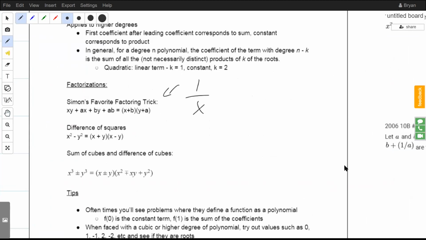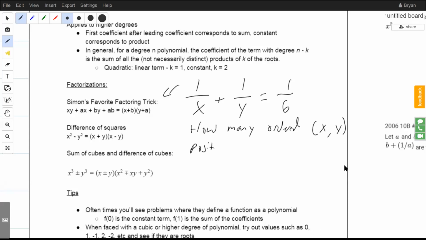So we have the problem: x and y are positive integers, and we know that 1 over x plus 1 over y equals 1/6. How many ordered pairs x, y are there? How many ordered pairs of positive integers satisfy this equation?